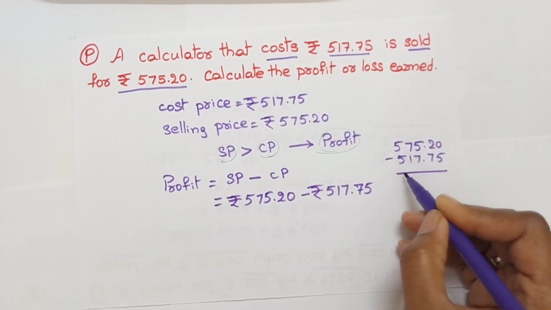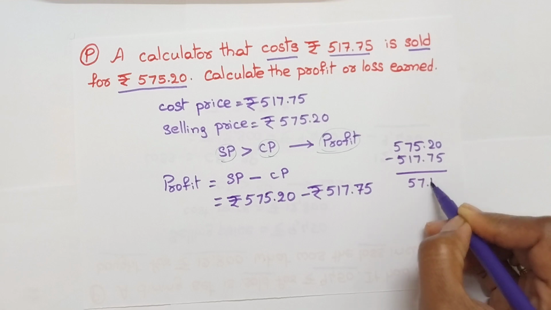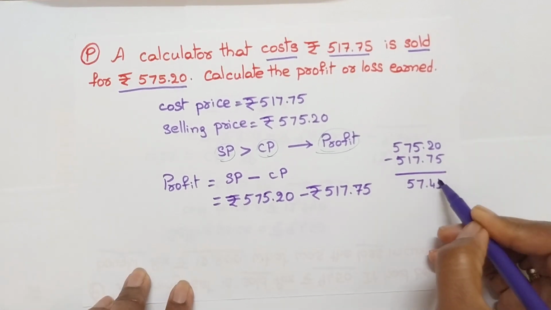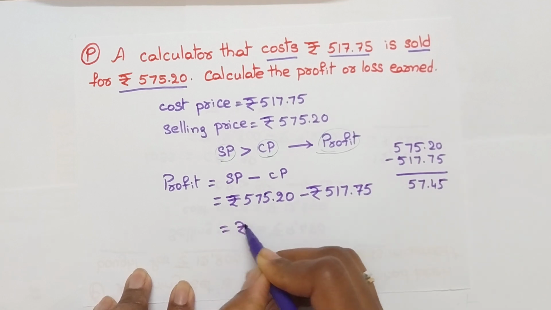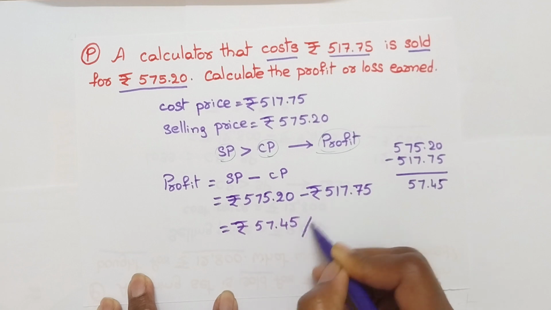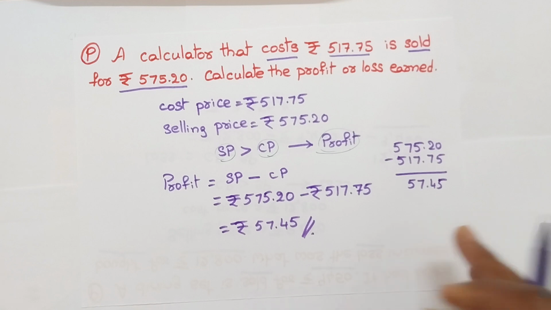How much will we get? 57.45. That is, the profit is rupees 57.45. This is the profit after selling the calculator.